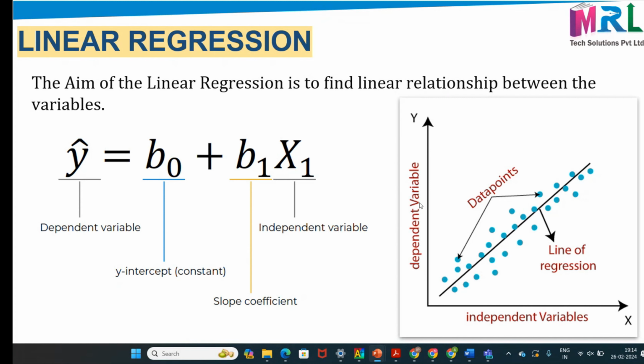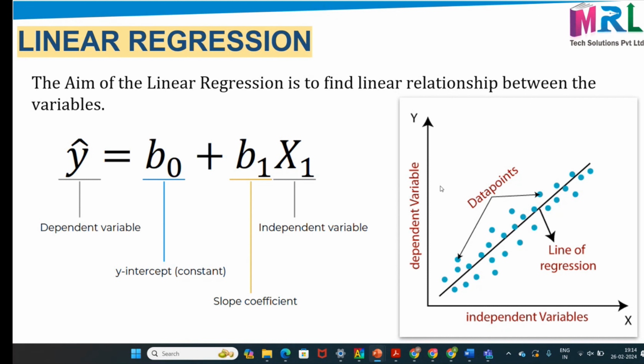For example, if you see here, this is a two-dimensional graph. Like I said, simple linear regression has one independent variable and one dependent variable. And if you go for multiple linear regression, then you have multiple independent variables. You can see here, x is an independent variable and y is a dependent variable.